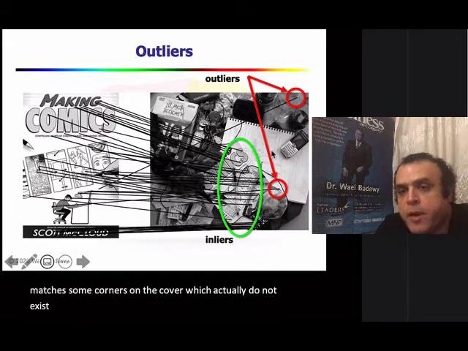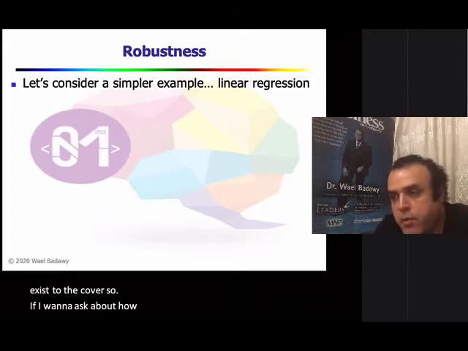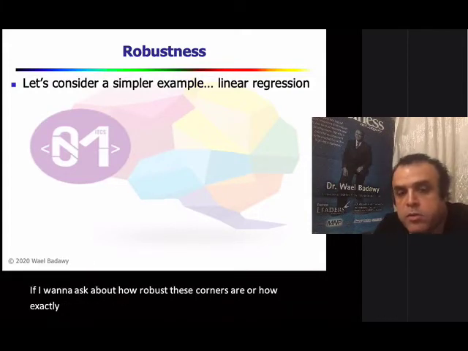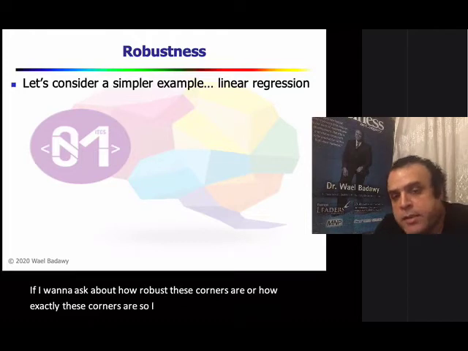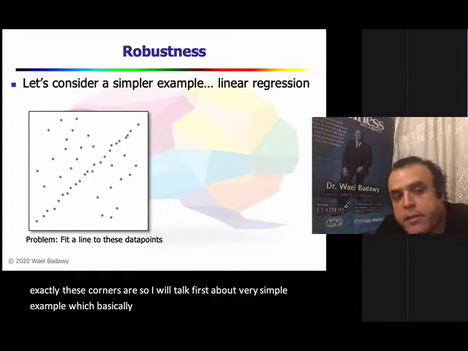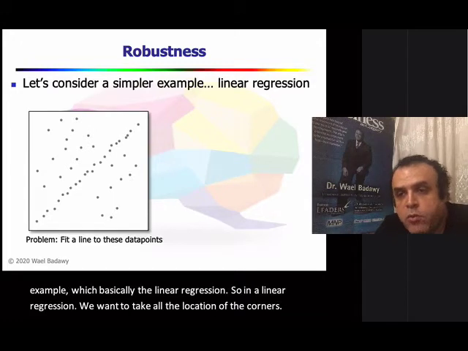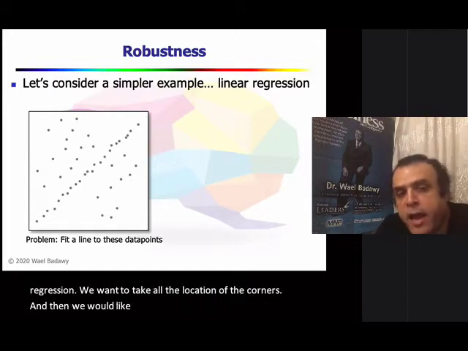So if I want to ask how robust these corners are, I will talk first about a very simple example, which is linear regression. In linear regression, we want to take all the locations of the corners and fit these corners with a line.